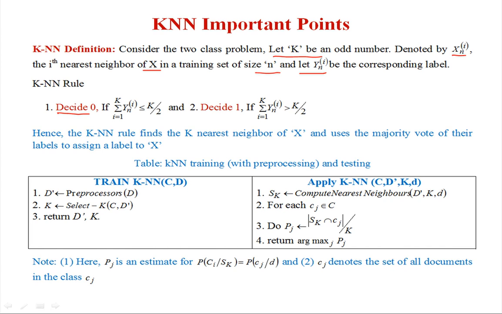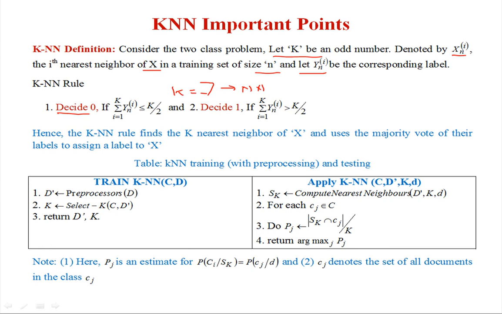Suppose y represents the yellow documents; if the number of yellow documents among the nearest neighbors of the given document is less than k by 2, where k is the number of nearest neighbors, k may be 3, 5, 7, etc. For example, we take the 7 nearest neighbor algorithm.